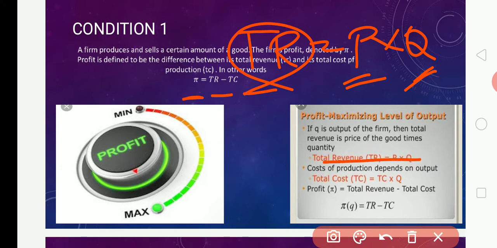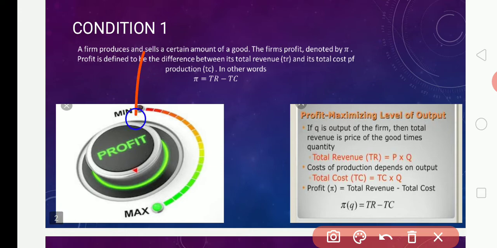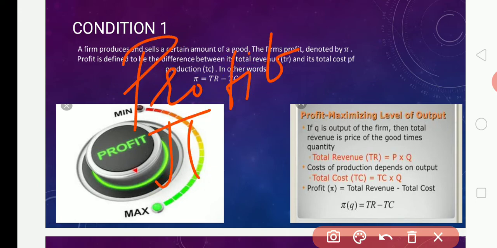And total cost is AC into Q, average cost into quantity. So altogether, profit is indicated as pi, and to calculate it, TR minus TC gives us the profit.